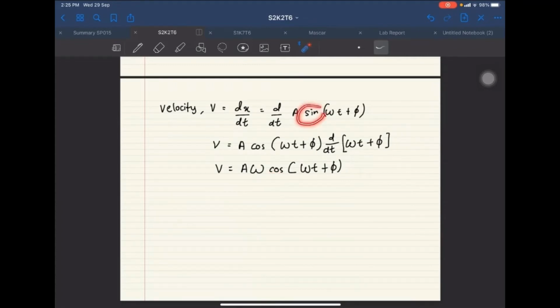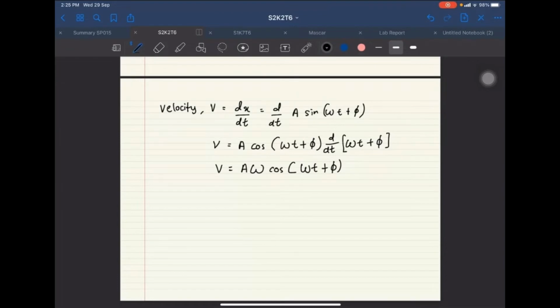Kalau starting the cos, kamu dapat apa kat bawah ni? Cos differentiate jadi apa? Negative sine. Okay, jangan lupa ya. Kalau sine jadi cos, kalau cos jadi negative sine, kalau negative cos jadi positive sine, negative sine jadi negative cos.